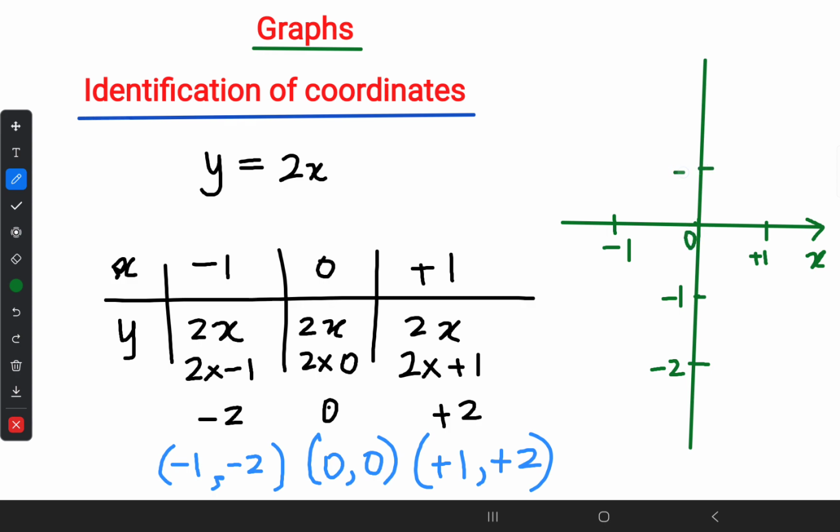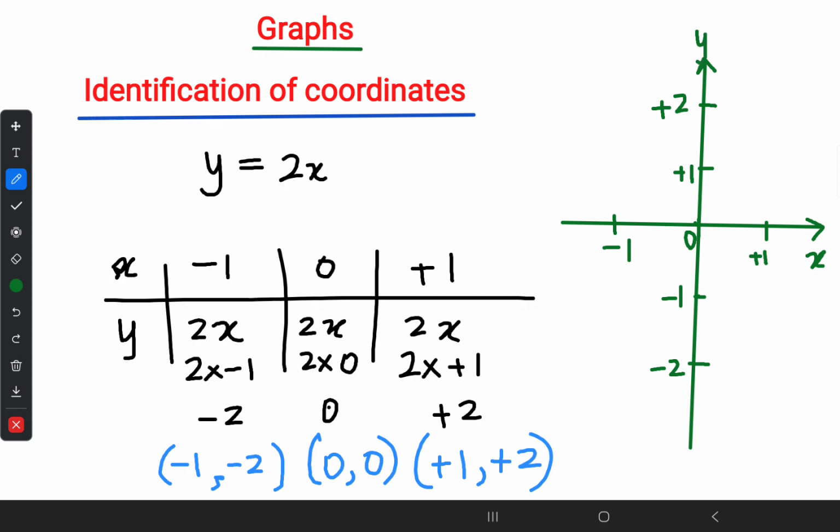Even though we do not need +1 and -1 values, you should plot them, because we cannot plot only the exact points -2 and +2. So we need to draw the intermediate values as well in our graph. +2. This would be our y-axis.